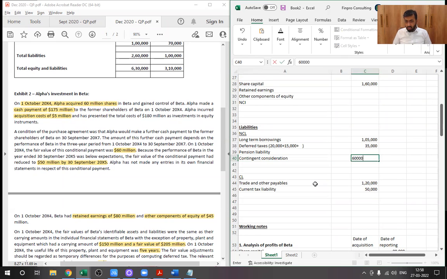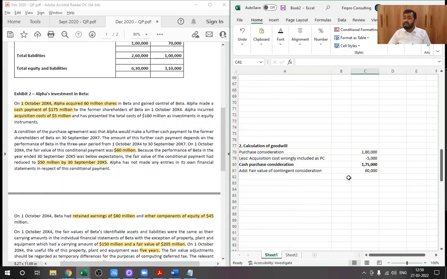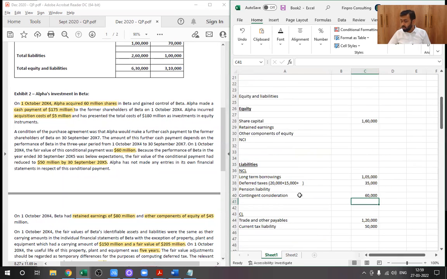Currently it is 60,000 as on the date of acquisition. But in 20x5, they have changed it to 50 million. But first of all, I need to give effect for the 60 million. So I completed the transaction. Are you with me? One effect I provided for the 60 million in purchase consideration, and the second effect I've provided in the liability. I've created a liability for that.